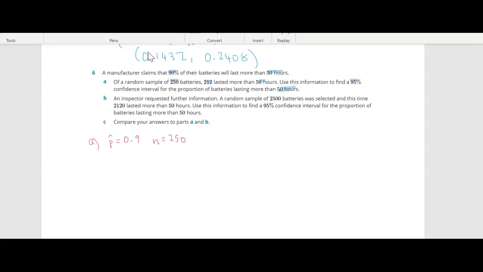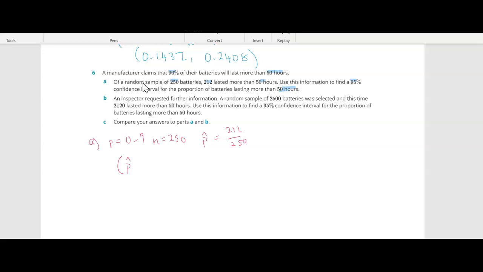Actually, so 90%, that's not P hat. P is 0.9, but P hat for this sample proportion, it's 212 over 250. Use this information to find 95%. Okay, so we just got to write down our formula.